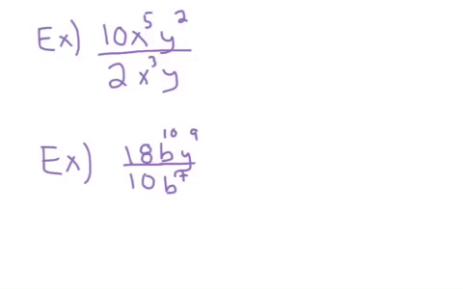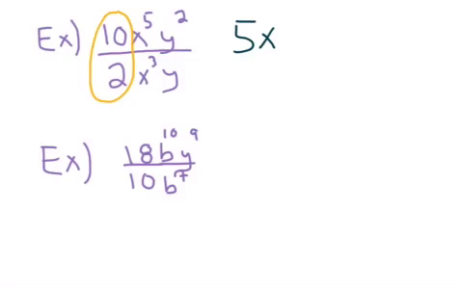So for this example, whenever you're given values out in front, the first thing you're going to want to do is either simplify, reduce your fraction, or divide if you can. So 10 divided by 2 would give me 5.